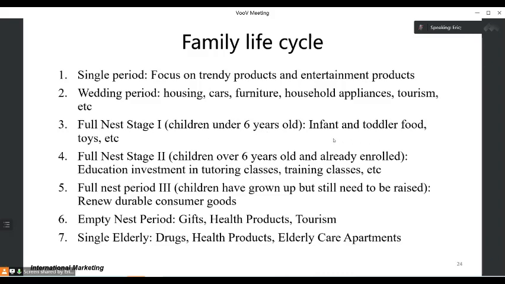Also, we will buy so many things, like food and toys. The next stage is where you should spend much money on education. The education phase is very important. It is a very important part of spending in China.